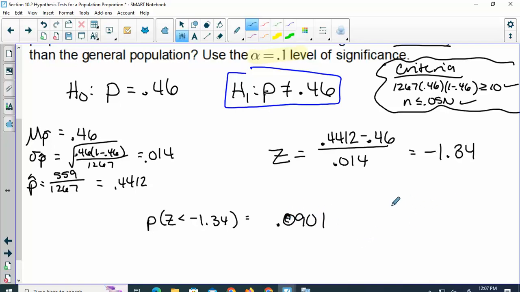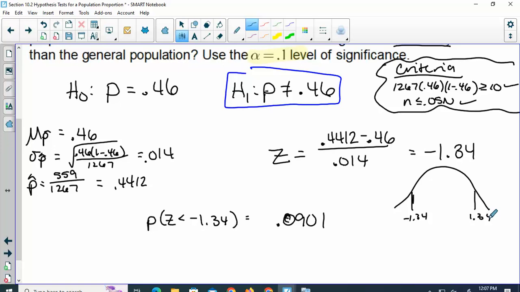Okay, but if we think about what this means, this is the negative 1.34. But if we're doing not equal, we also have to consider the other end, don't we? What would my z be there? It'd be positive, because this is symmetric. So you have two options. You can either find the probability that it's less than negative 1.34 and the probability that it's bigger than positive 1.34.